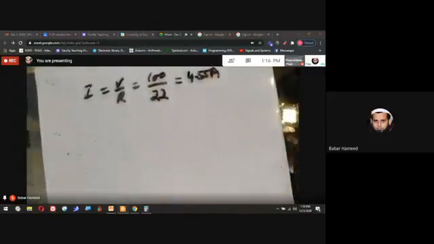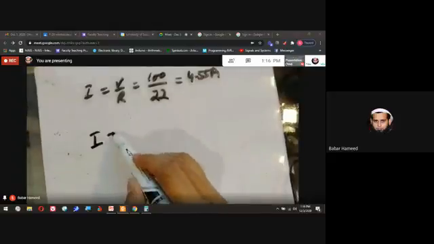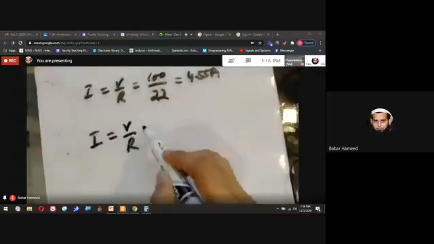If you have the value of resistance and volt, you can calculate the value of current. So, can you tell me, for the same question I solved here, what will be the value of current if R is changed to 33? Simply V over R, again, no worries, sir.